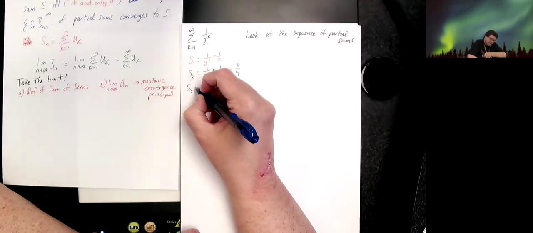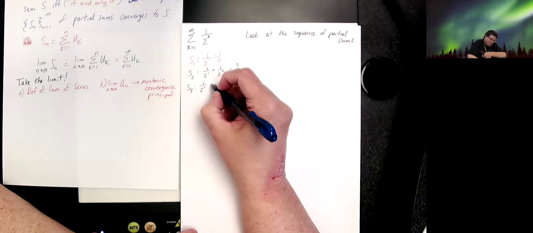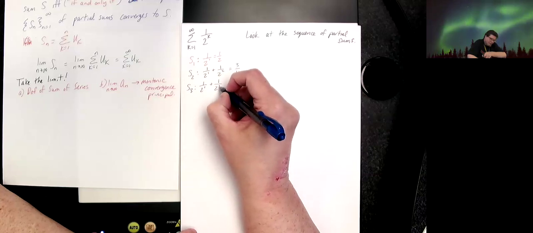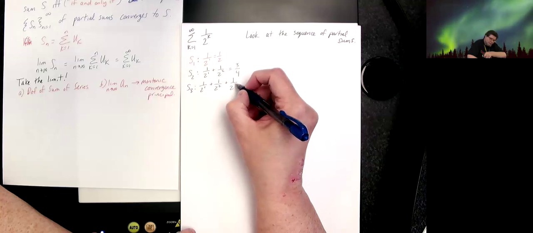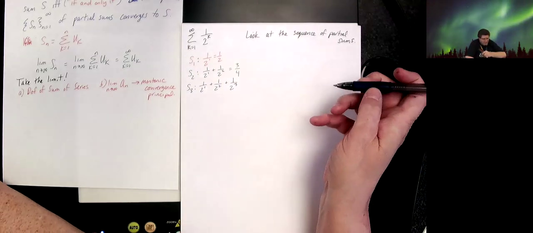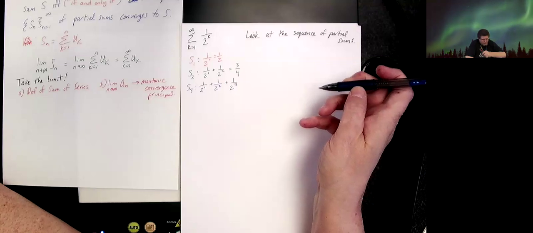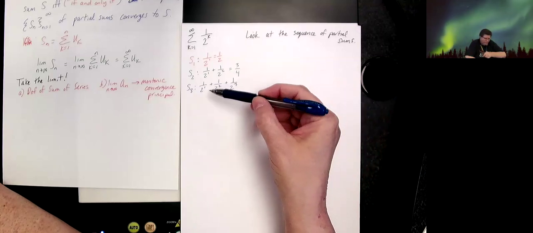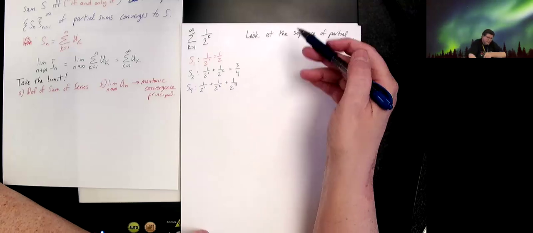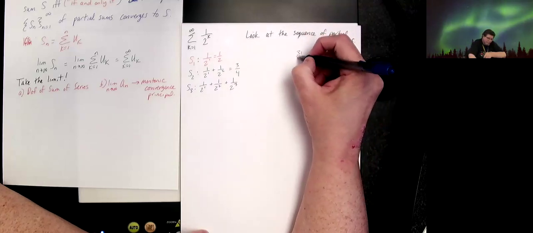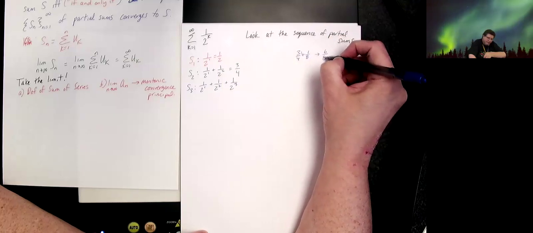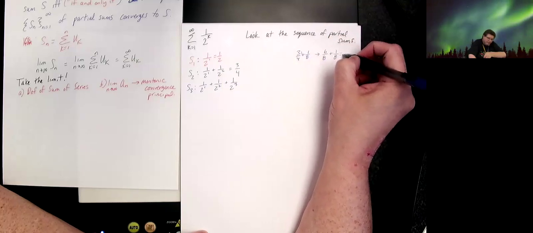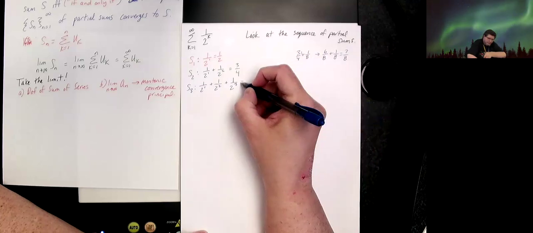S sub 3, 1 over 2 to the first power plus 1 over 2 squared plus 1 over 2 cubed. The first two were 3/4. We have 3/4 plus 1/8. Get a common denominator, 6 over 8 plus 1 over 8 is 7 over 8.